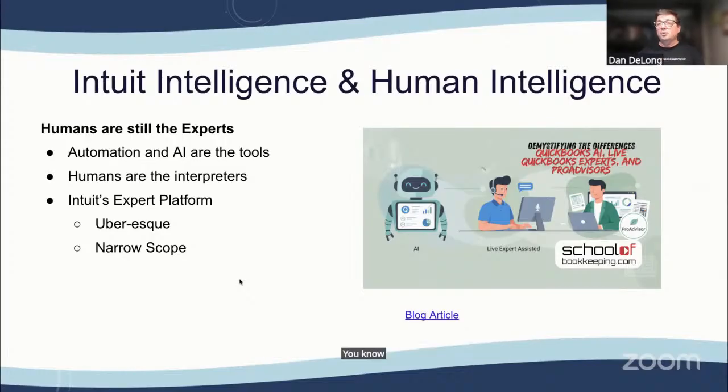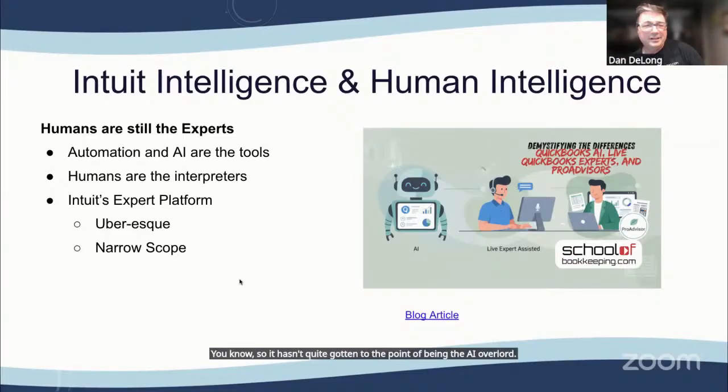It hasn't quite gotten to the point of being the AI overlord that we all envision it to be, because there are plenty of science fiction novels and books and movies that warn us about the power of AI.